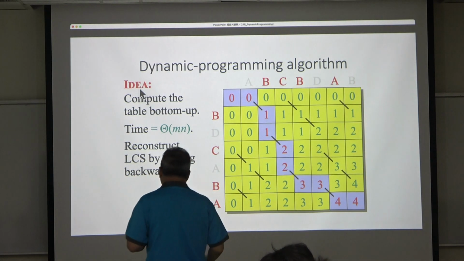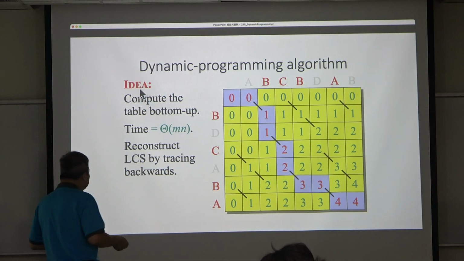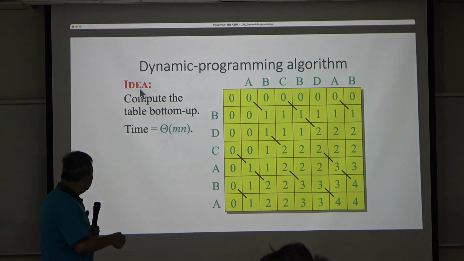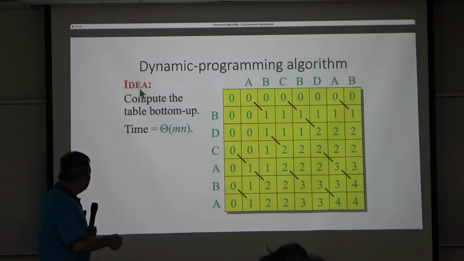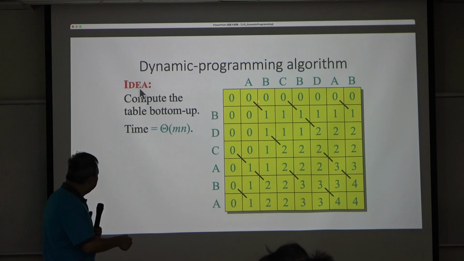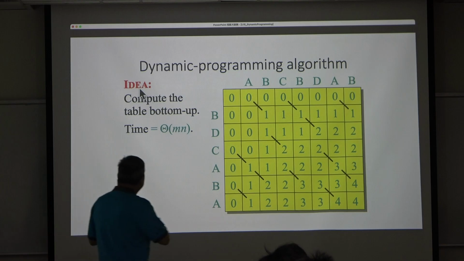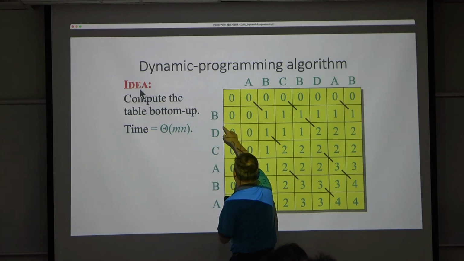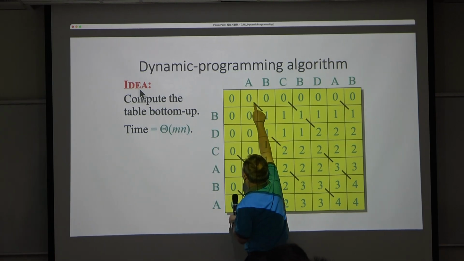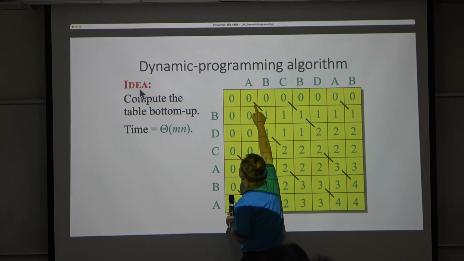Or put it another way, there's a hint in this table. For every match, for example, this B and that B, you come from the diagonal, right? It's C[i-1][j-1] plus 1.